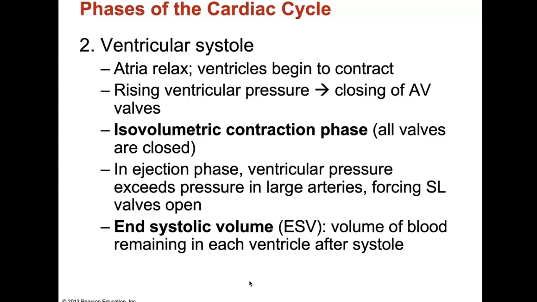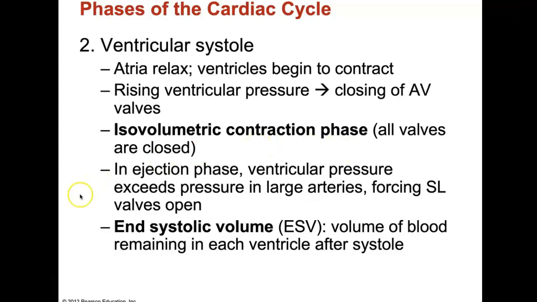For the split second period when the ventricles are completely closed chambers and the blood volume in the chambers remains constant as the ventricles contract, this is known as the isovolumetric contraction phase. Ventricular pressure continues to rise until it finally exceeds the pressure in the large arteries issuing from the ventricles.